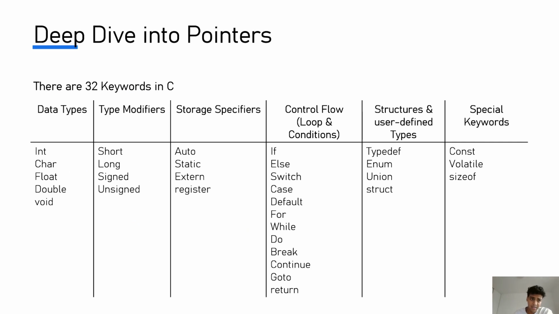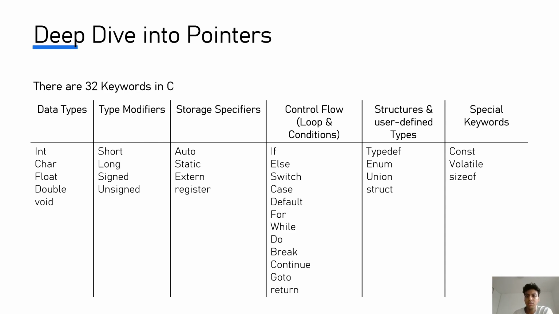Some keywords about C: in general, we have 32 keywords. They are basic, like int, char, float, double, void for data types, and short, long, signed, unsigned, which are data types but modified. Auto, static, extern, and register are not really used, but can be helpful sometimes. Most important are control flow keywords, like if, else, switch. If you're already a programmer, you know about those things.